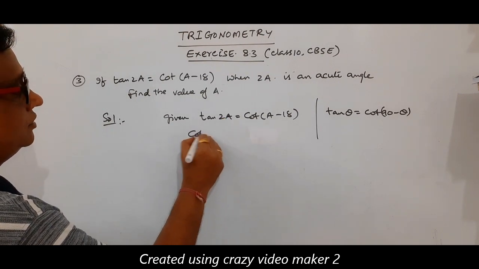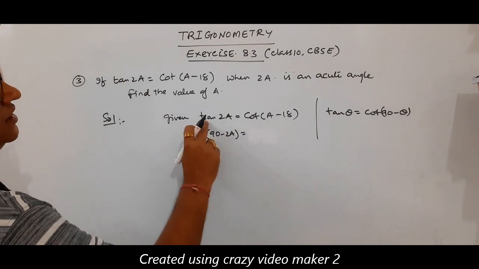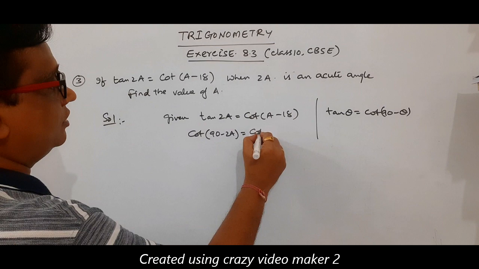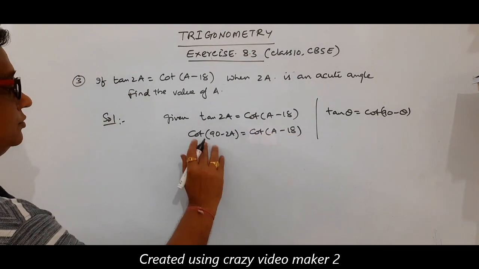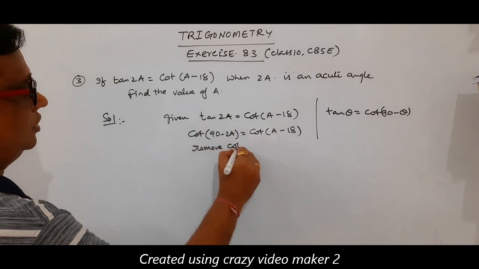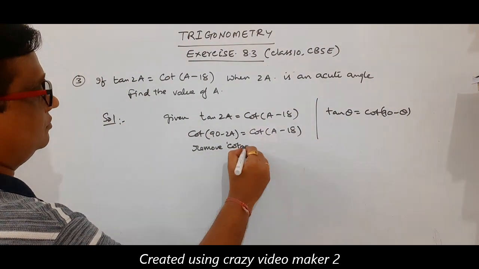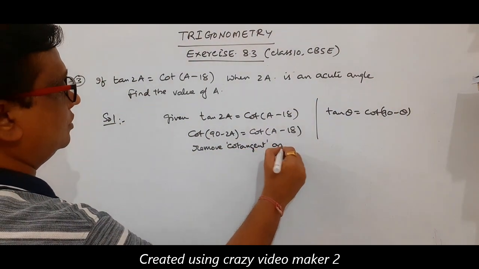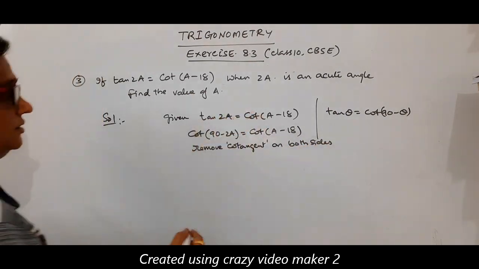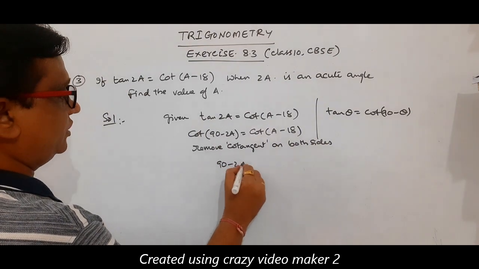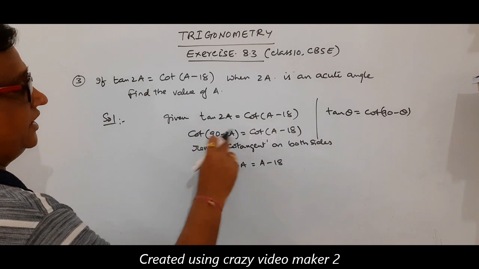Cot of 90 minus 2a equal to cot a minus 18. Now remove cot on both sides, we can cancel them. So 90 minus 2a equal to a minus 18.